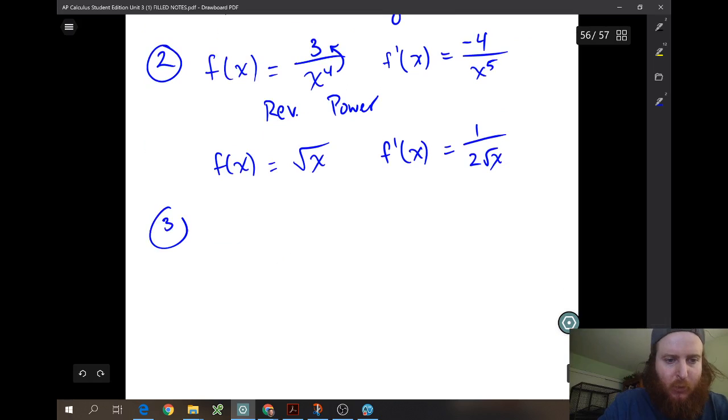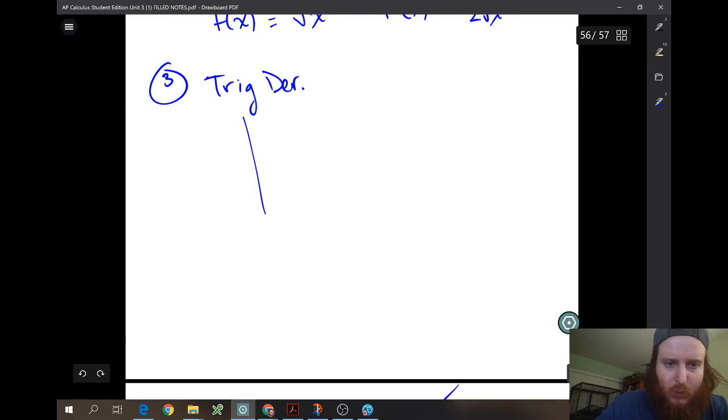Then our third thing we need to make sure we have memorized is all of our trig derivatives. So basically, if we have f of x and f prime of x, memorize that the derivative of sine of x is cosine of x.